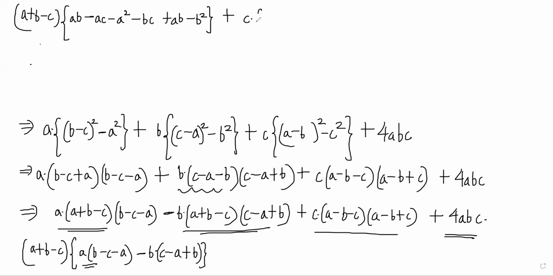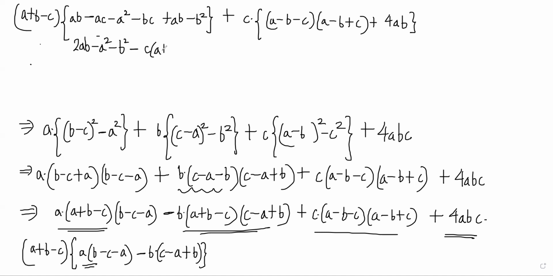And plus C common, I have (A minus B minus C), (A minus B plus C) plus 4AB, right? So this becomes 2AB minus A square minus B square minus C times (A plus B).